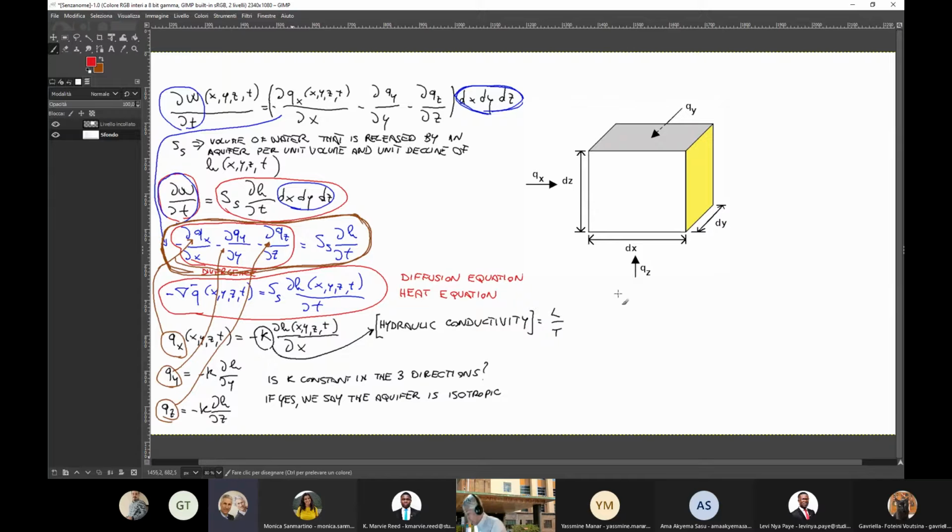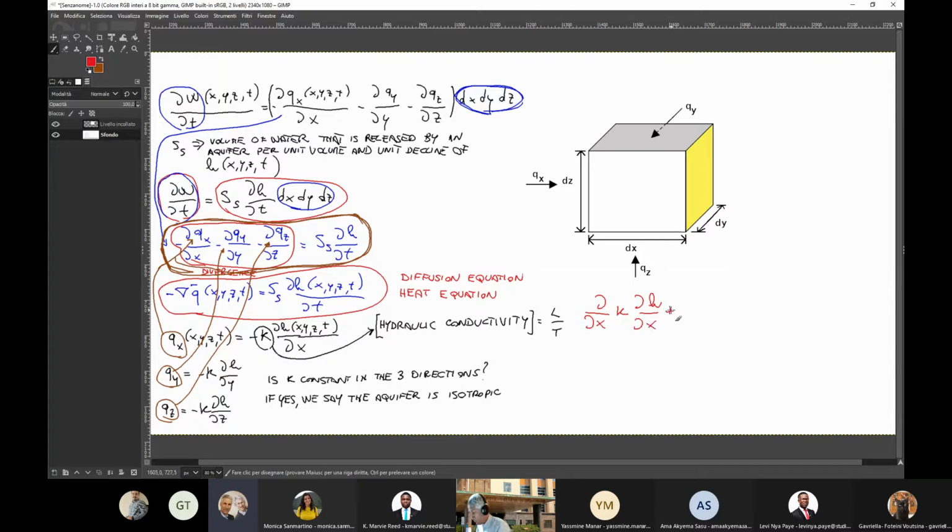Perfect. Now, let me write it in this way. Derivative with respect to x, and I'm referring to the derivative of qx. So I substitute it as a derivative with respect to x of k, derivative of h with respect to x.